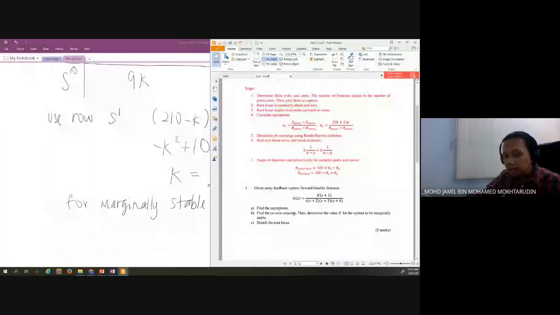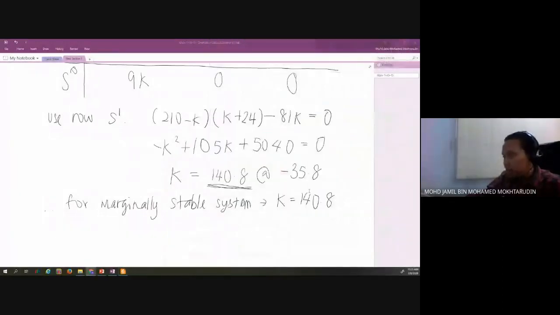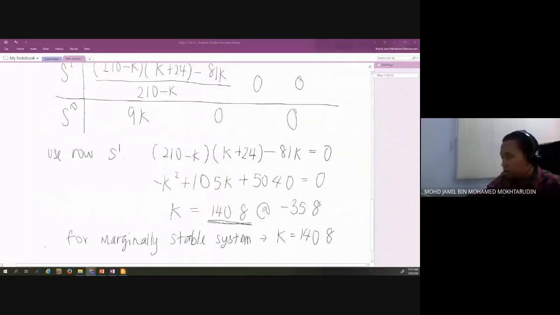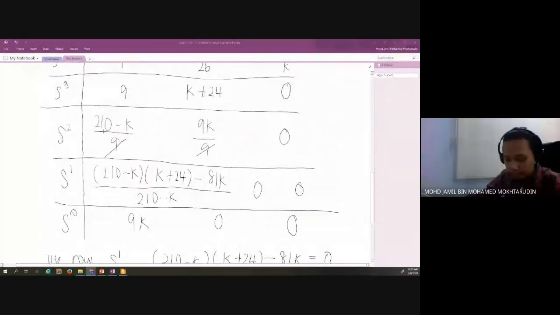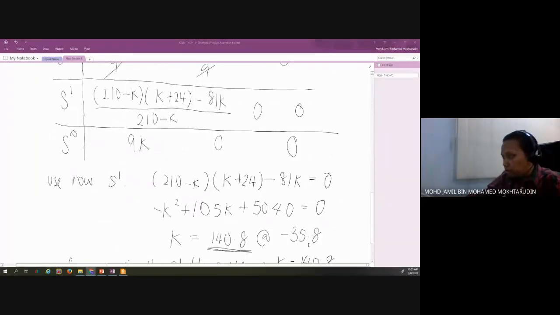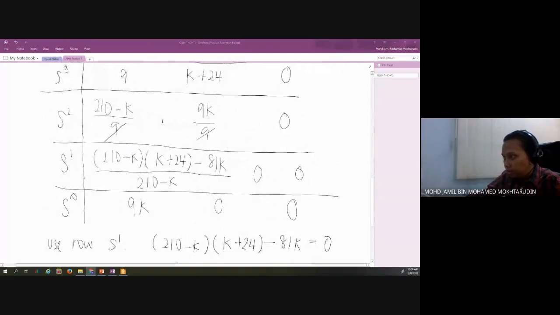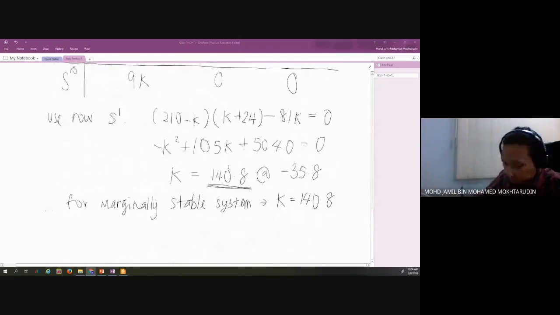Okay, so JW axis crossing meaning that you are required to determine the frequency for marginally stable system. So after you found k equals 140.8, you use this k and substitute into s square, the root s square.